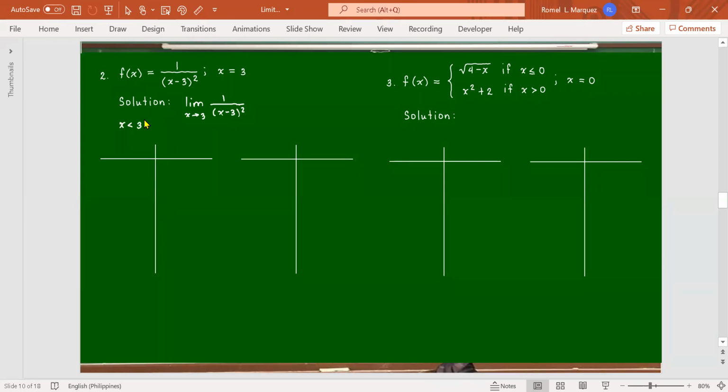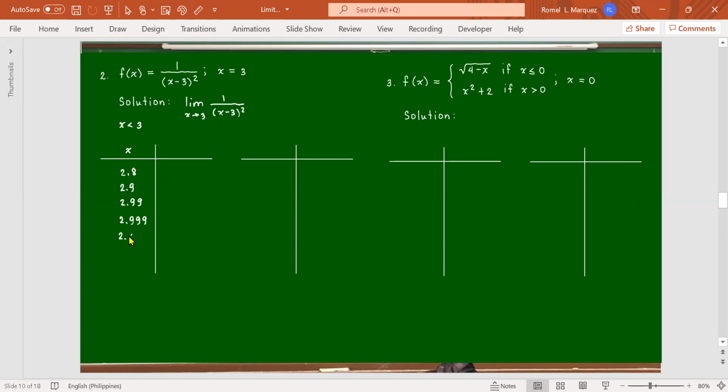So what are those sample values that are close to 3 but to the left of 3? So let's say 2.8, 2.9, 2.99, 2.999.